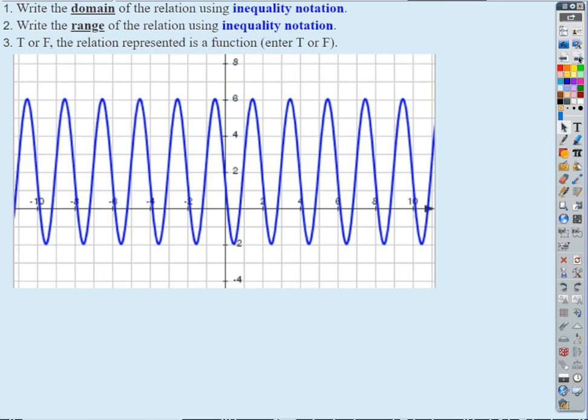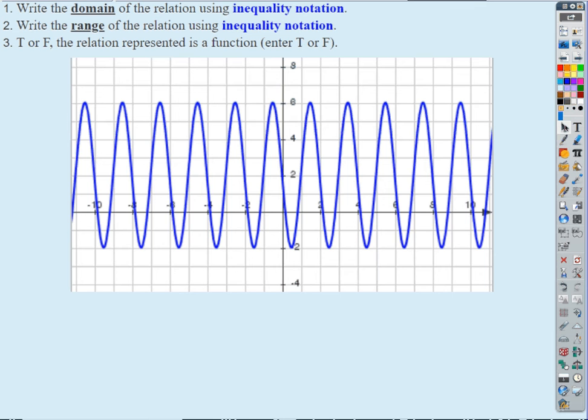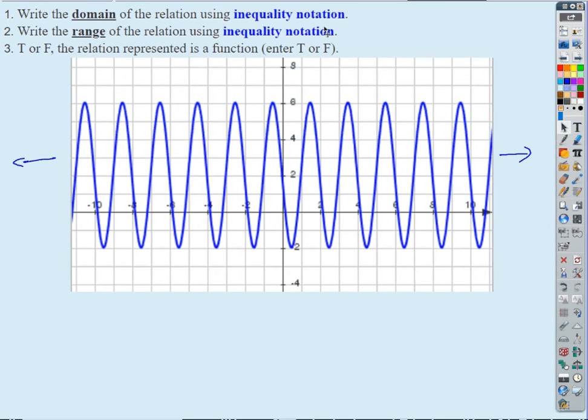So the domain is what? If I want to write it using inequality notation, how do I say all reals? Yeah, you bet. That's just, right, capital R.